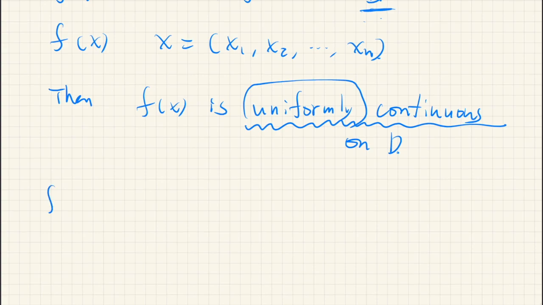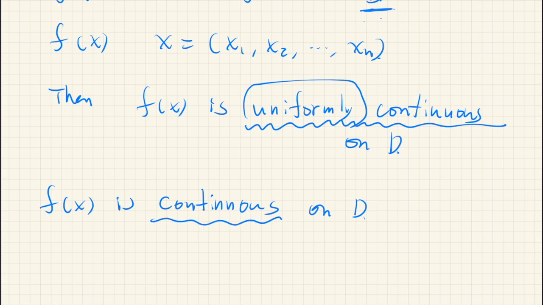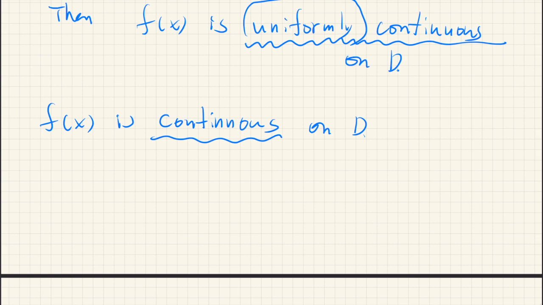Okay, so f of x is continuous on D. So this is just an ordinary continuous function, okay? So what is the definition of this? Definition.